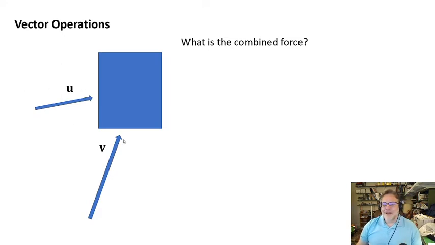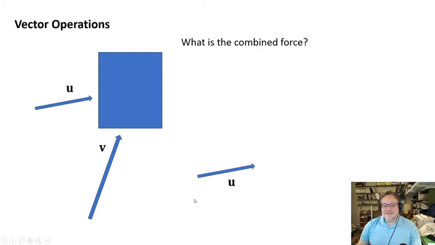And so how do we figure out the combined force that they are applying to this box? That will probably determine, by the way, what direction the box is going to move when it actually starts to move. Well, here's how you add these 2 vectors together to get the combined force.